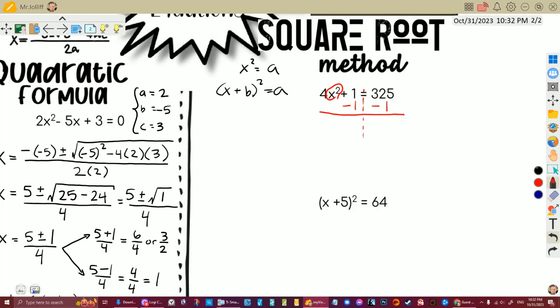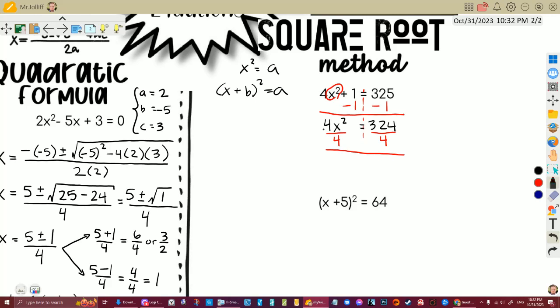So we subtract 1 from each side, and we get 4x squared equals 324. The next step, we have to divide out that 4. That's how we get rid of coefficients. We divide. So both sides get divided by 4.